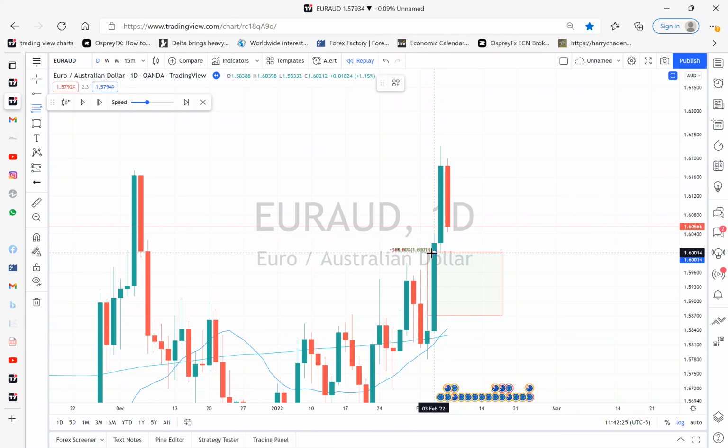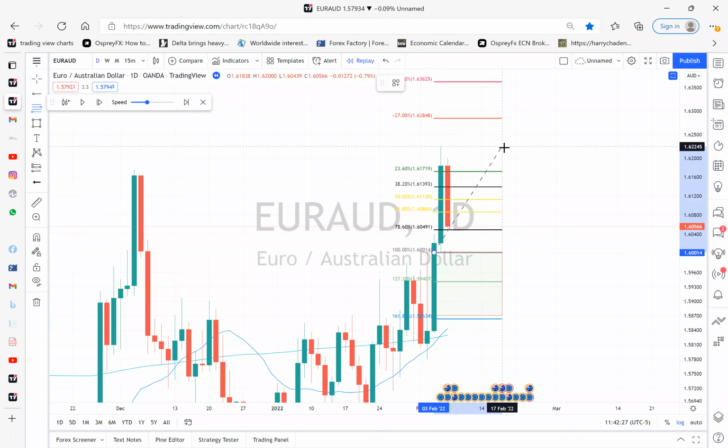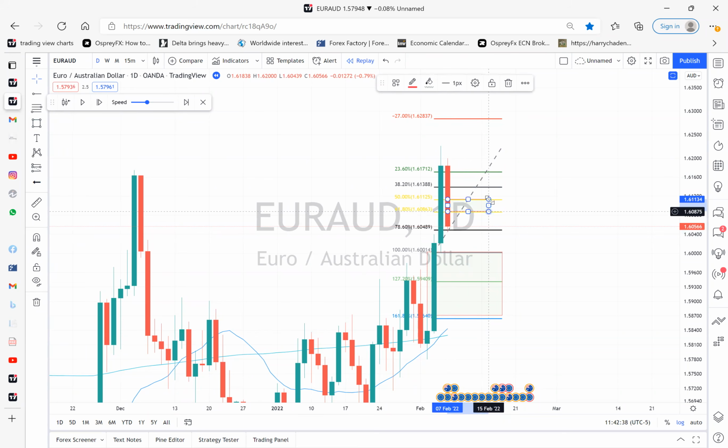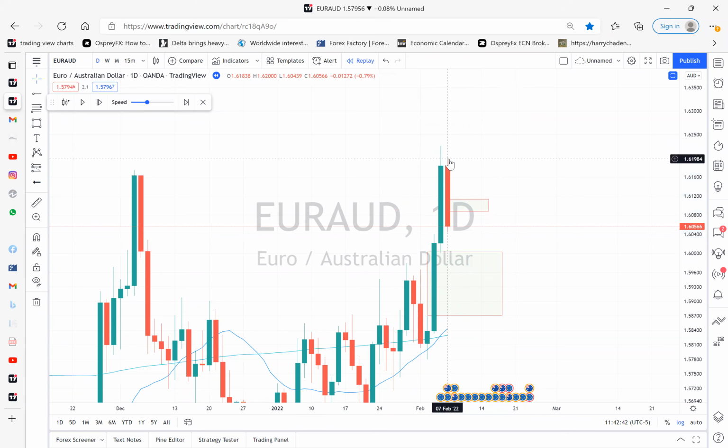So if you had just measured this candle and put your golden zone here, then technically, you could have traded a retracement down to this level and it would have paid you just based off your understanding of price action, right?